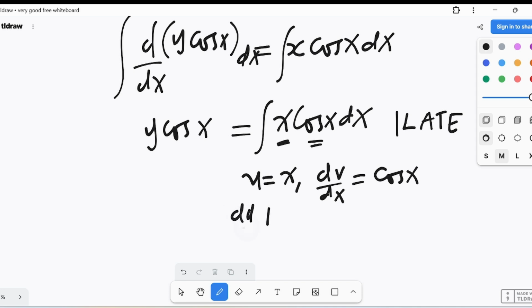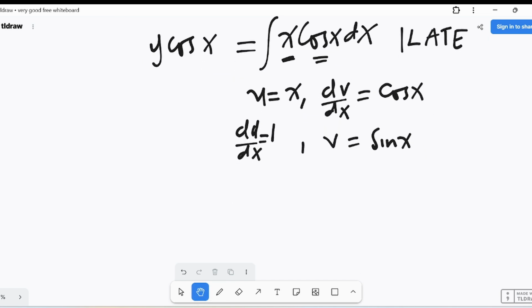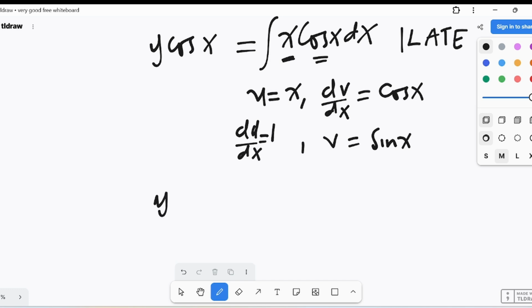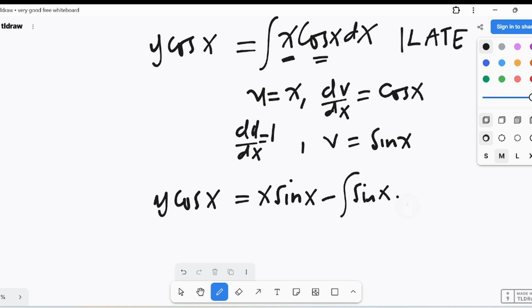So du dx is equal to 1, and then v, when you integrate that, you get sine of x. Now applying it back, we shall have y cos of x is equal to, put in uv, it is x sine x minus the integral of v, which is sine x. So you have to be knowing the formula for by parts, times 1 times dx.